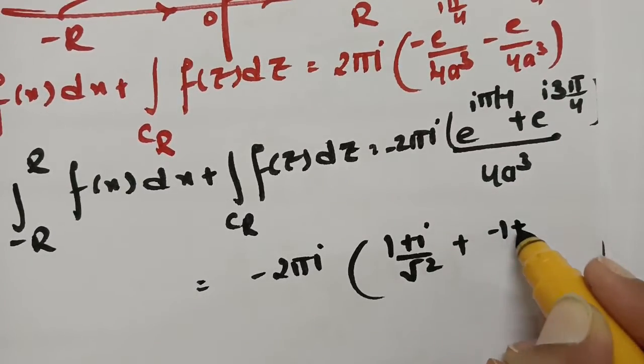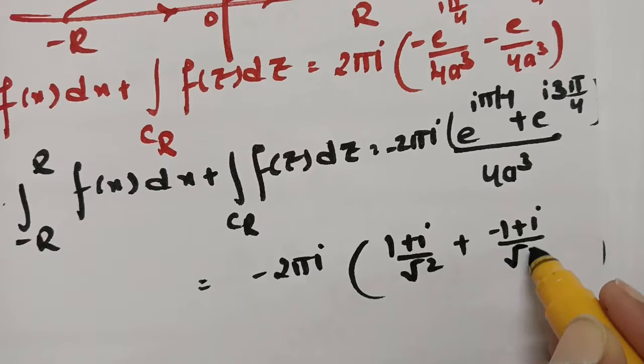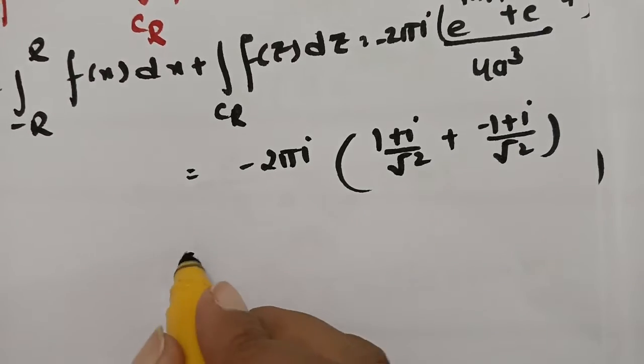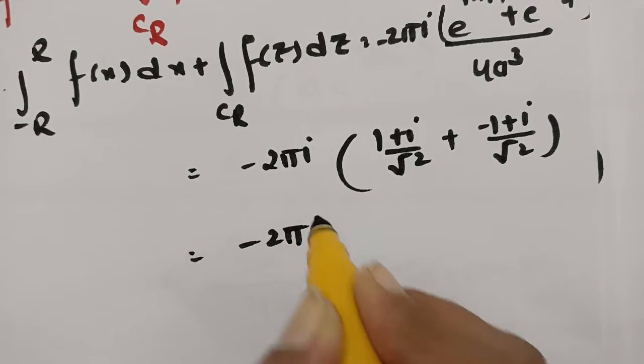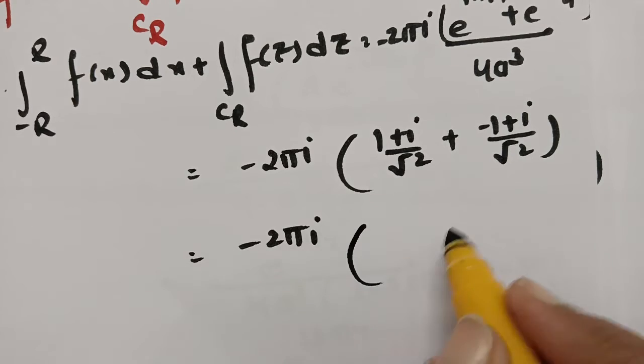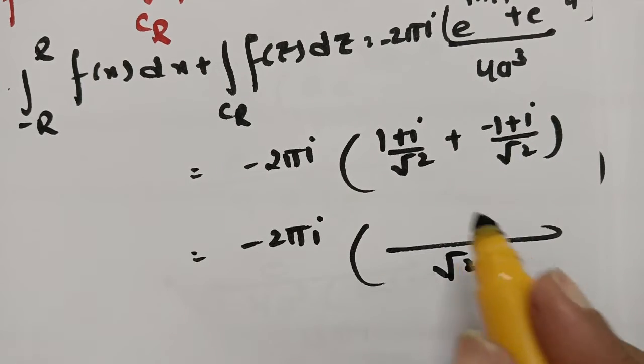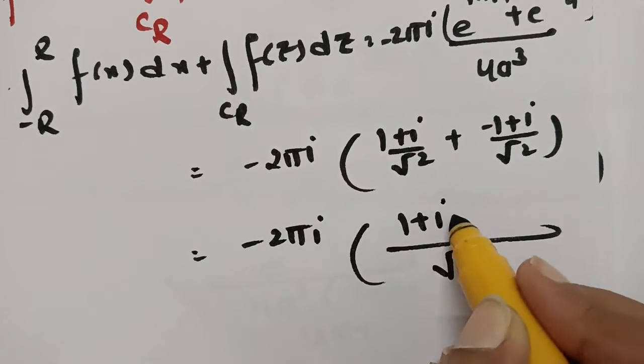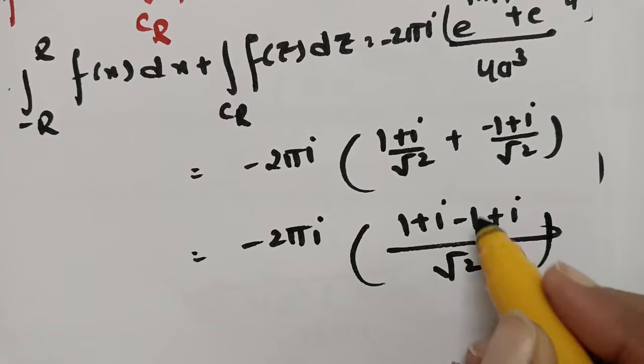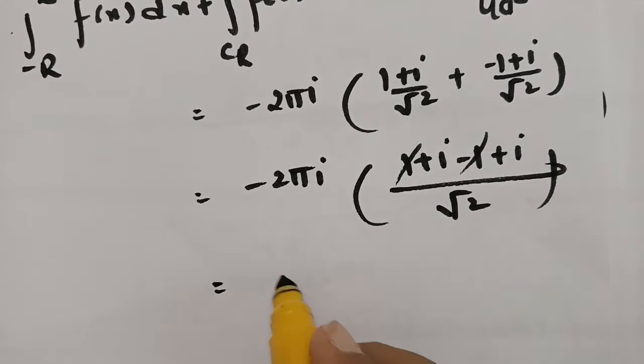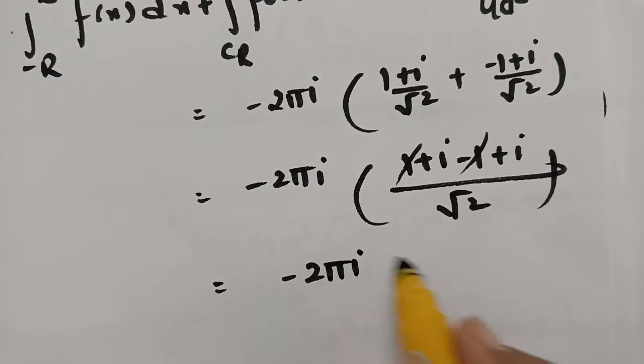So this is minus 1 plus i by root 2, and now this value is minus 2 pi i. So if I take root 2 common, this will be 1 plus i minus 1 plus i. Now if I cancel this one, this will be minus 2 pi i.